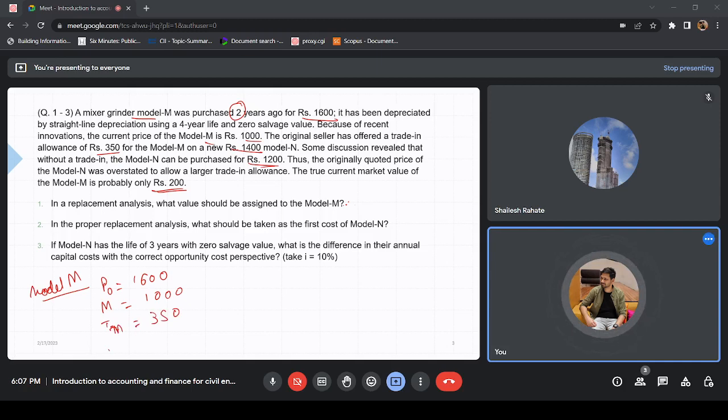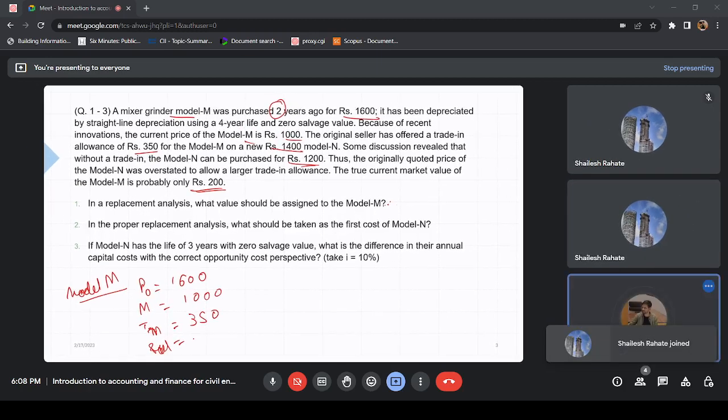Then the salvage value, if you calculate: 1600, zero depreciation value in 4 years, so for 2 years, it would be 800, right?